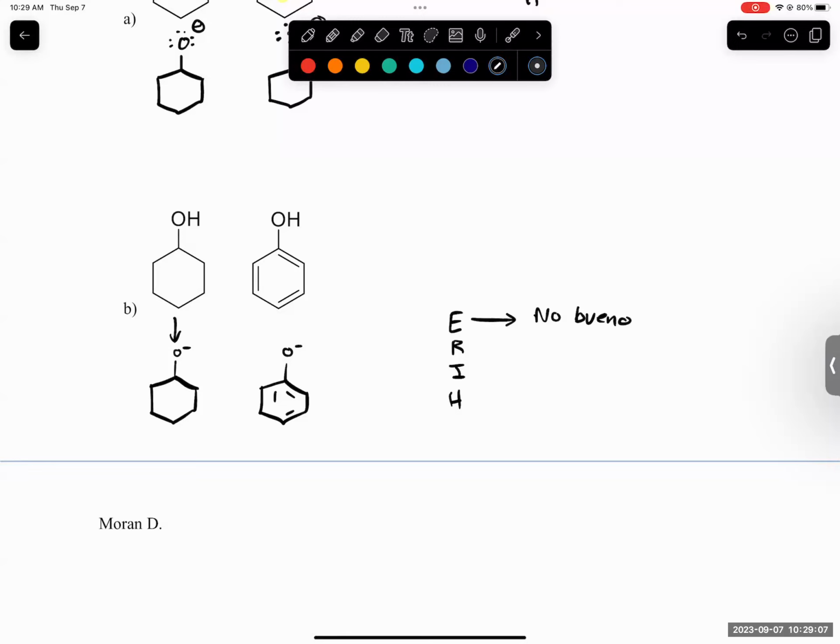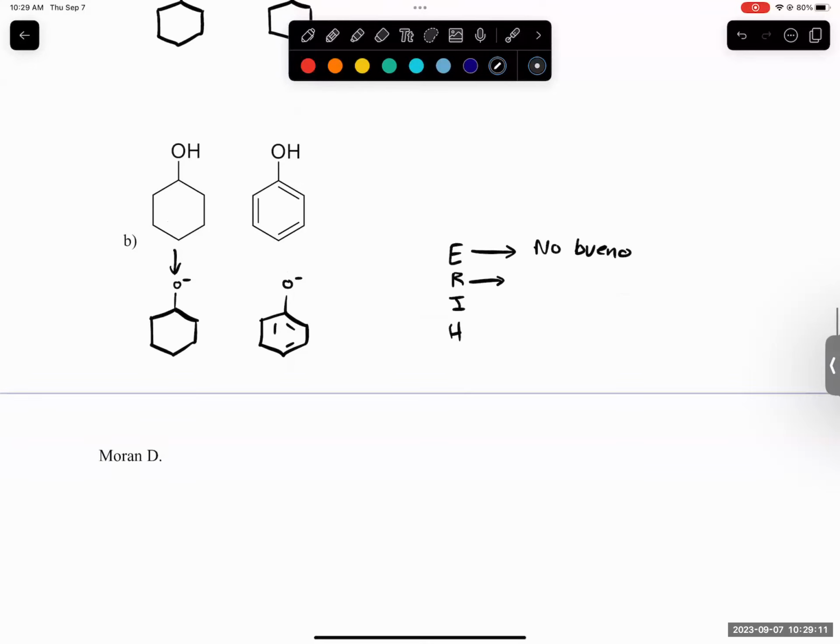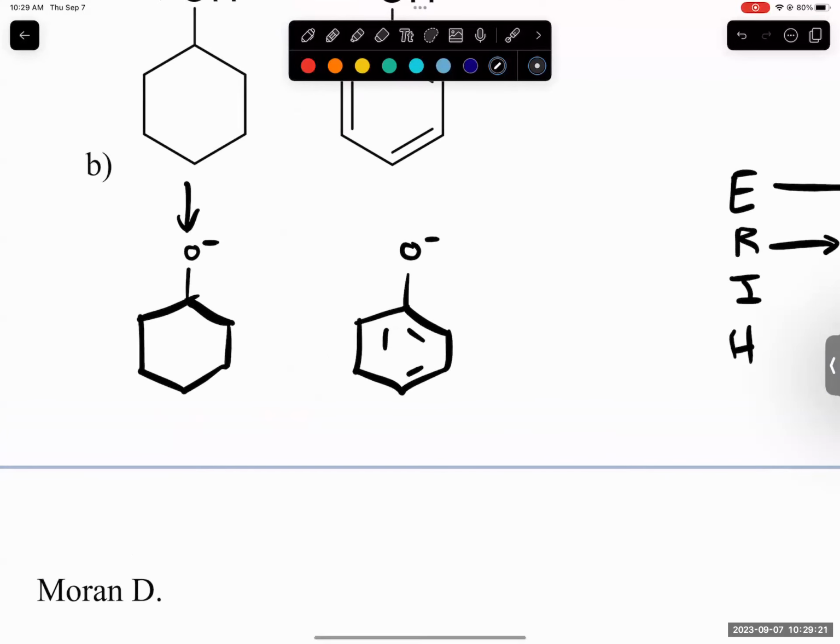Resonance. So we're looking at resonance now. Which of these has resonance structures that you can make? So yeah, the one with the double bonds, because look right here. Pay attention. We have a hydrogen here. This carbon already has a full octet. We cannot resonate into it because if we did, we would have to break sigma bonds, not pi bonds.